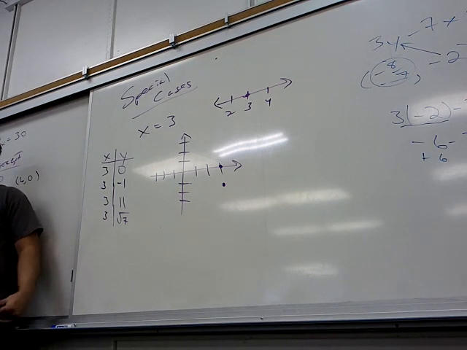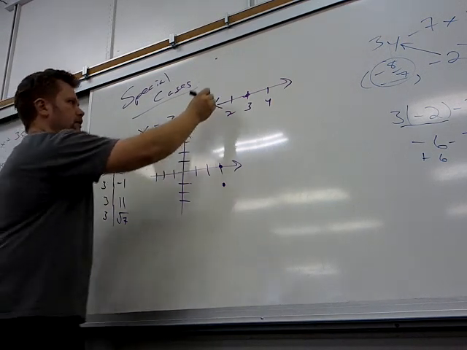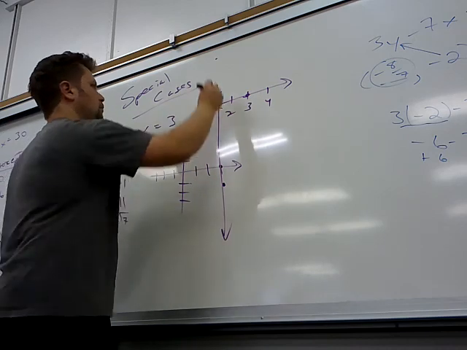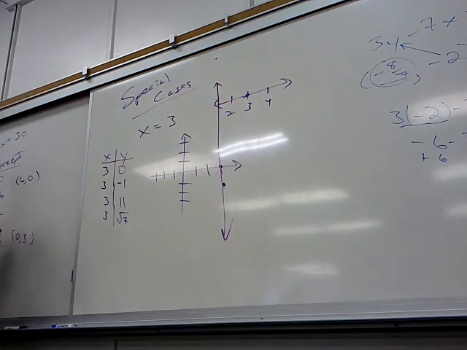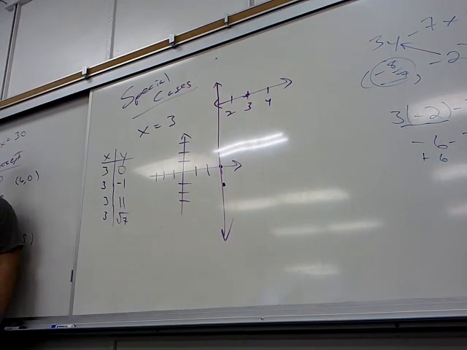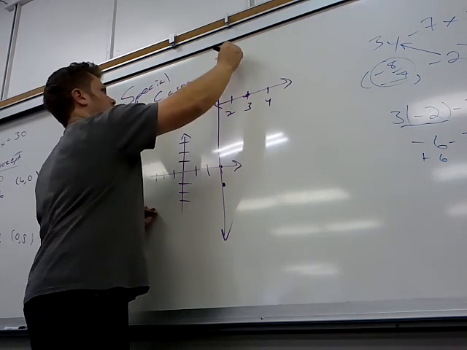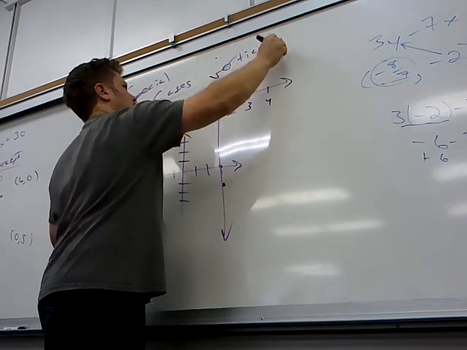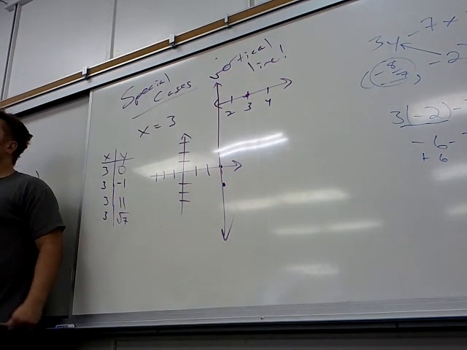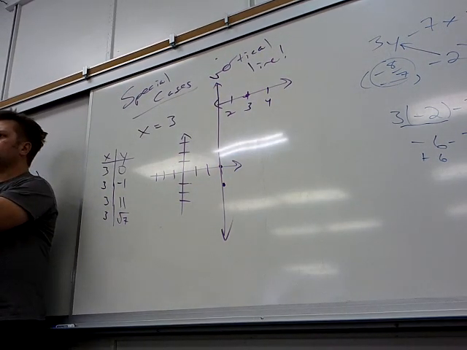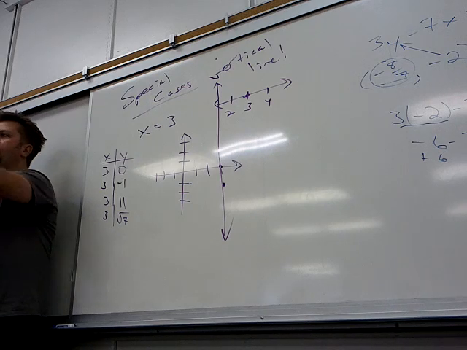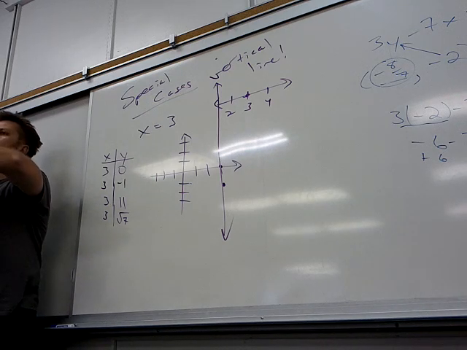So if I connect it, what kind of a line does this end up being? Be more specific than straight line. Every line I've drawn so far is straight. Vertical line. I like it. Why does this make sense? When I change y, which way do I go?